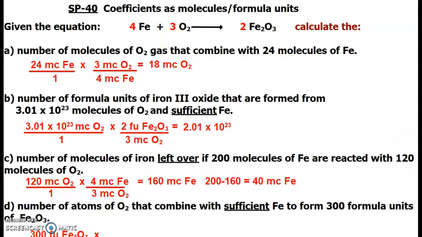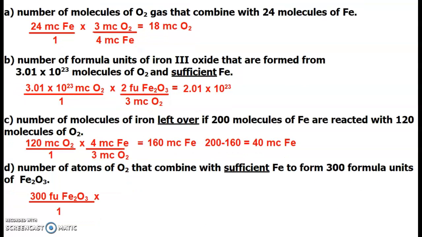Well, the Fe2O3 is on top, so that means it has to go on bottom. So we're going to go with 2 formula units, and I didn't label it again. Shame on Mr. Wallace, he didn't label that. That should say 2 formula units of Fe2O3, and that is 3 molecules of O2 on top. All right, the formula units cross off, and I end up with molecules, but I didn't actually ask for molecules.